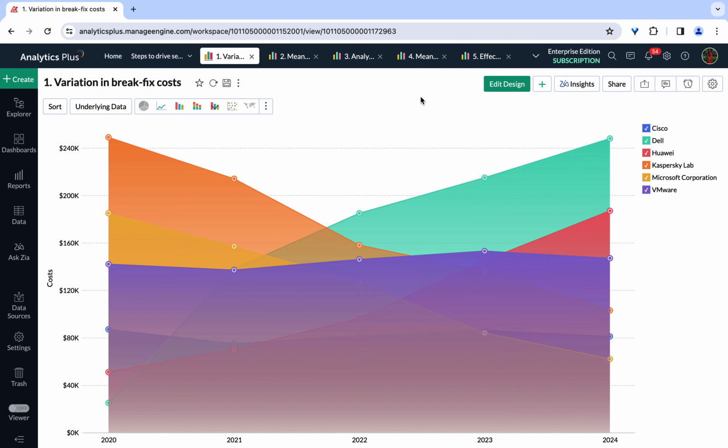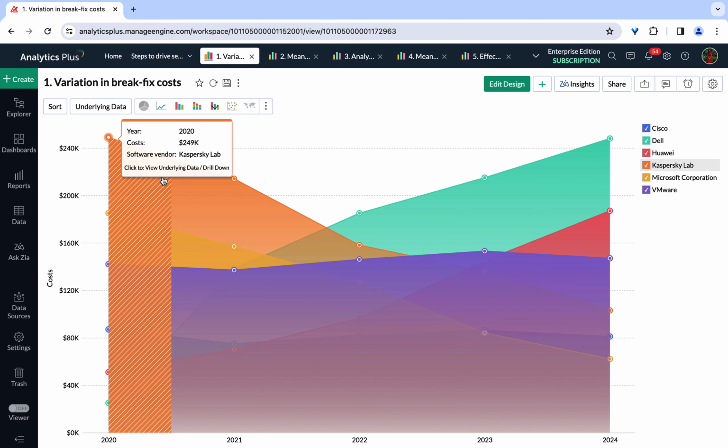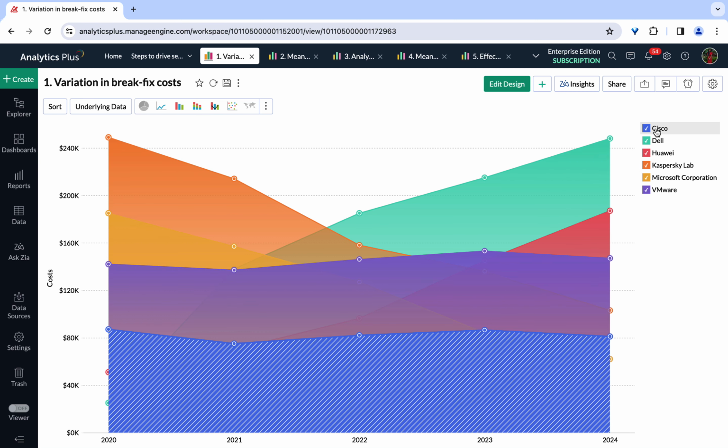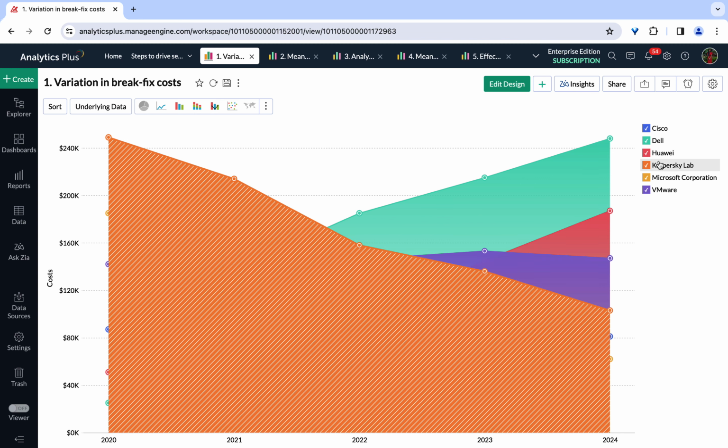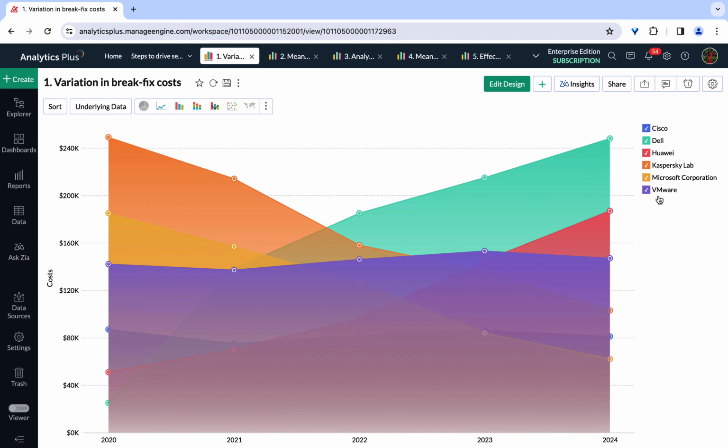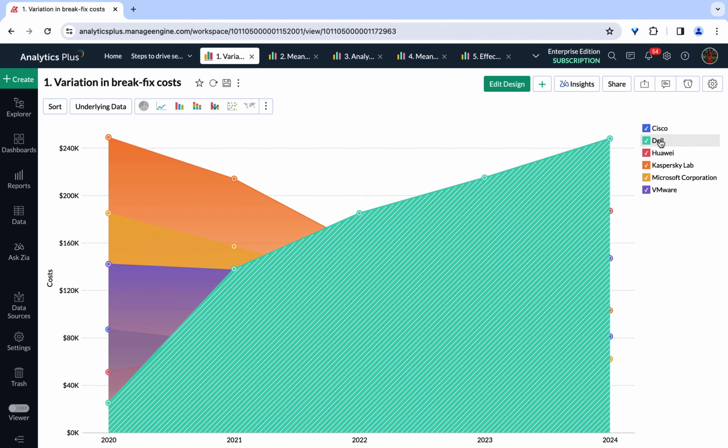Analysis helps IT managers keep a close eye on such scenarios. Available pre-built in Analytics Plus, Manage Engine's flagship IT analytics solution, this visualization calculates the break-fix expenses incurred by each asset vendor over the last 4 years. Increasing trends in this analysis point to assets and vendors that silently drain IT resources over their lifetime.